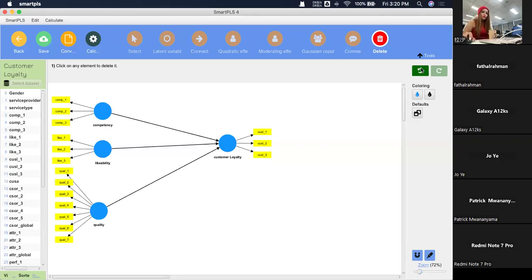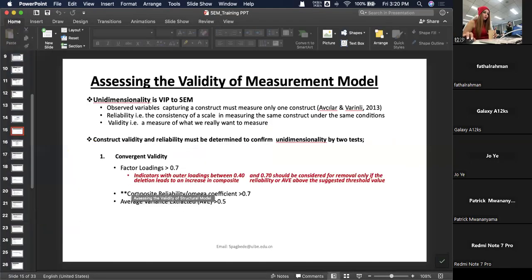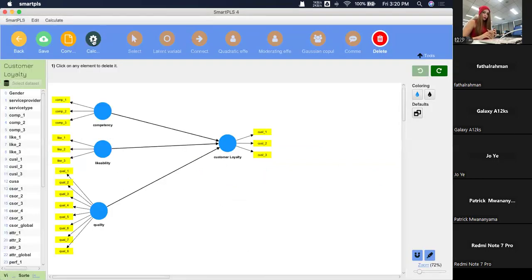Yes, I have it. Okay, if you have it, then what we are talking about is, I gave you some guidelines here. Here, we said composite factor loading should be greater than 0.7. Now, after running this model, look at it.